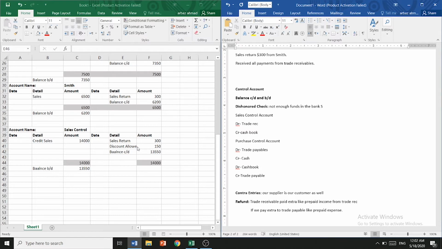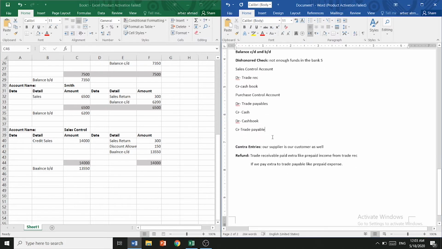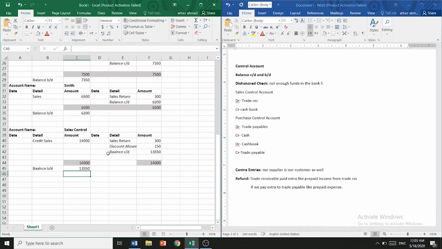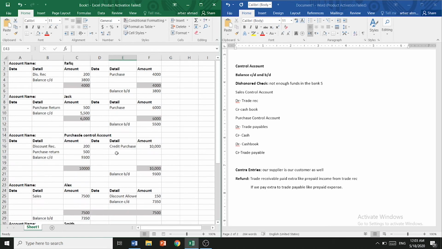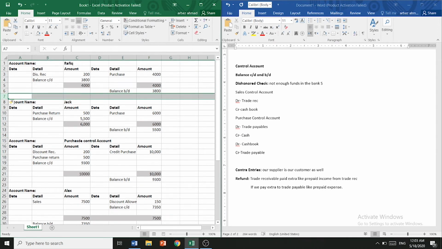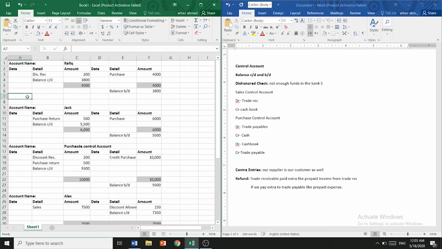If it's still not clear, maybe we can have some more examples and you can list them down in the comments below. So how we will be recording it, and this into the sales control account will be like this. So for the sales control account, let me go to the purchase first. Okay, can we have one entry? Let me just add two maybe. Okay, so for this, sorry, this is purchase.